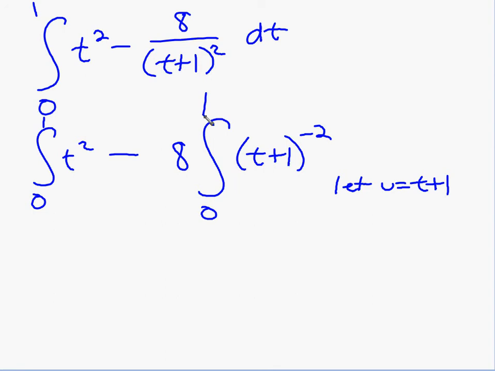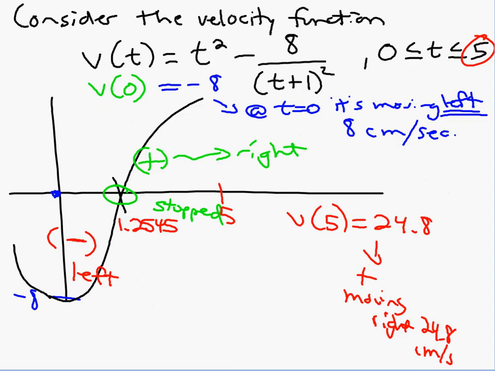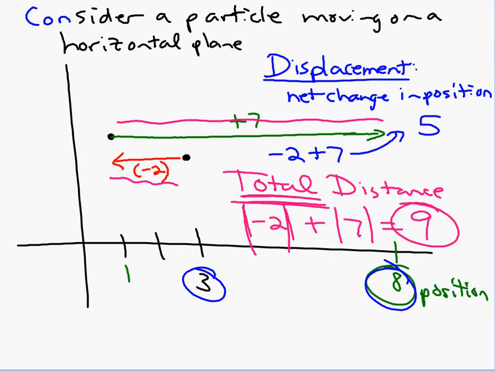Okay? And just for the sake of time, I'm going to move down to what the answer of this is. The answer is negative 11 thirds. Well, what does that answer mean? Okay? Well, if we go clear back to the start of what we said today, it is displacement, all right?